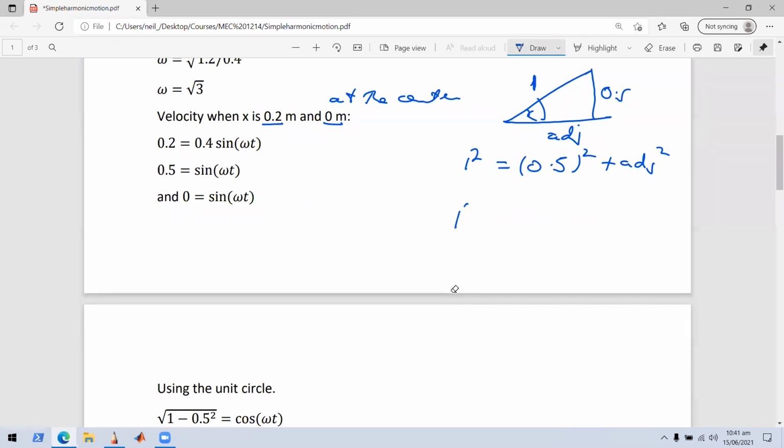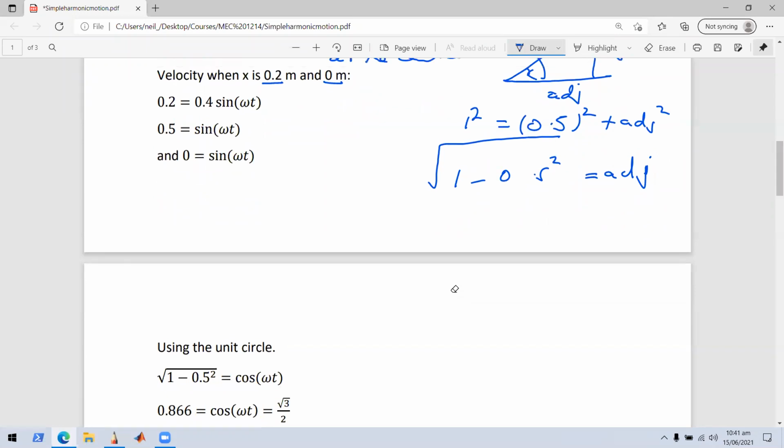We end up with 1 squared, which is just 1, minus 0.5 squared, carry over, square root is equal to the adjacent value, right?